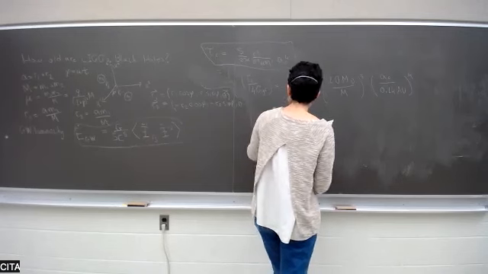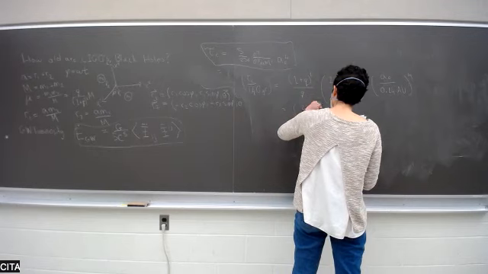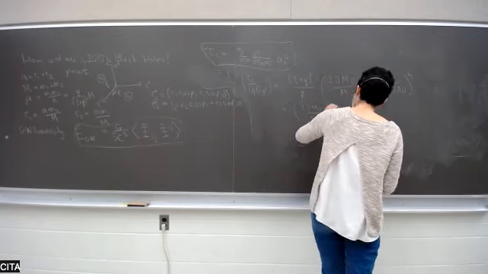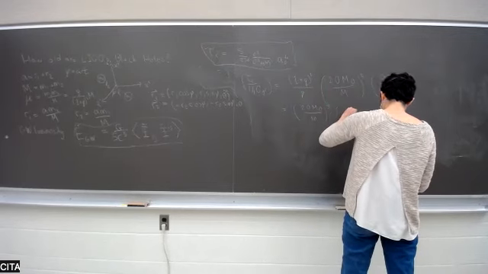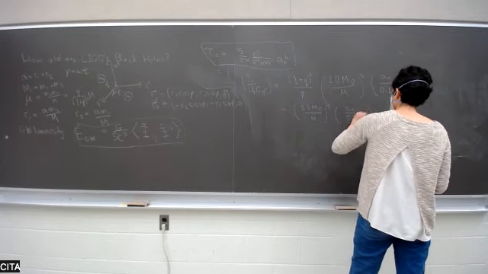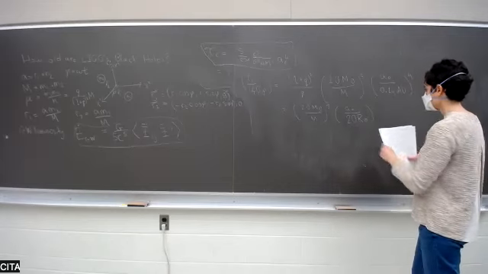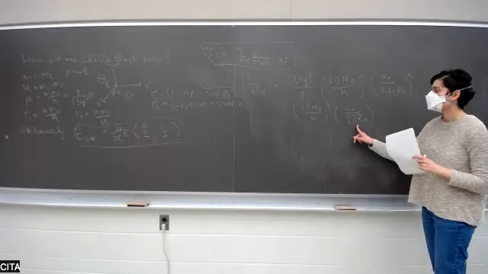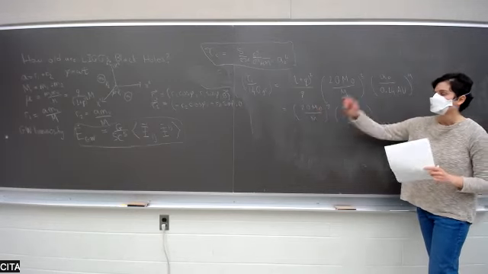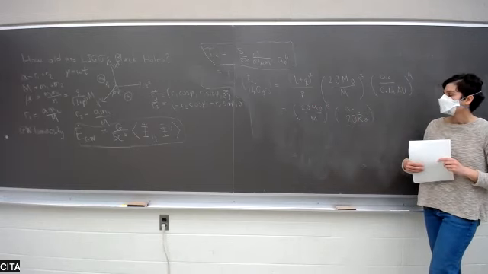This is around 20 times the solar radius for a 10 solar mass black hole plus a 10 solar mass black hole.